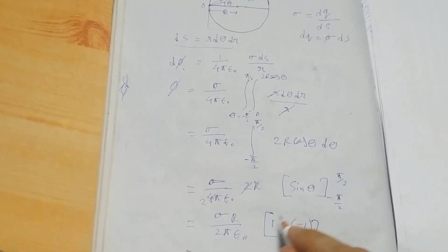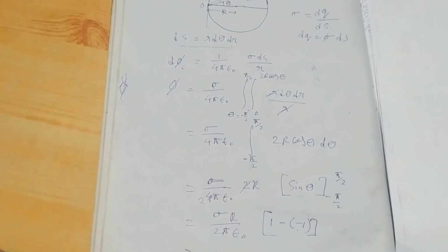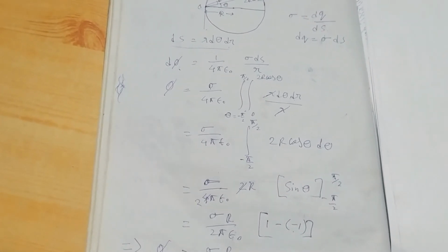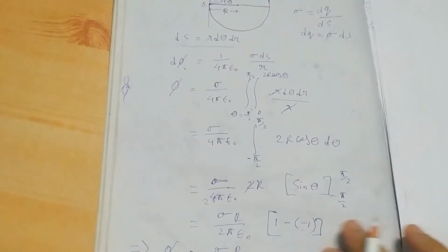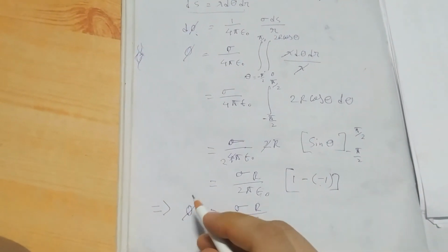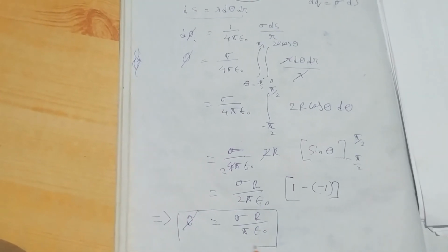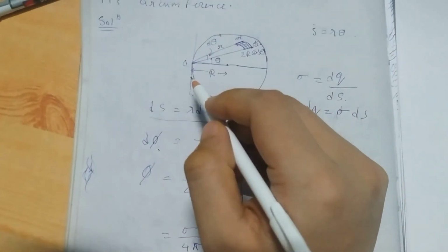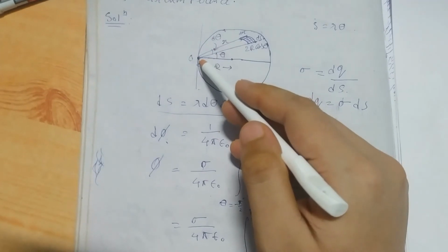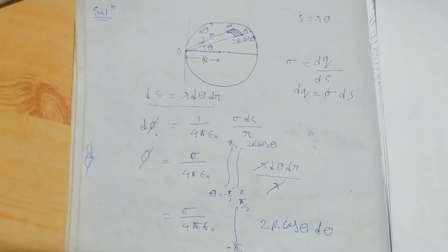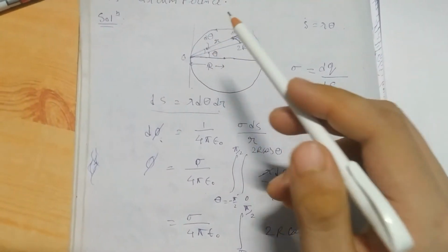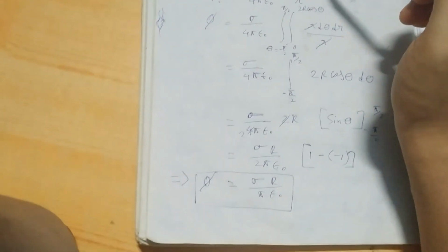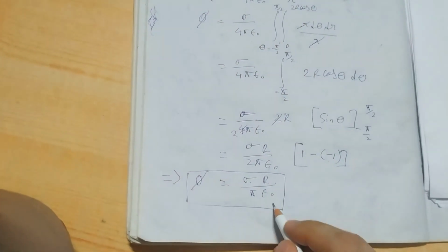Then this will be 2 and there is a 2, so these will cancel out and we get finally the answer to the question. So at any point, we consider O as any point, this can be anywhere on the circumference. So the total potential due to the whole disk will be phi is equal to sigma r by pi epsilon naught.